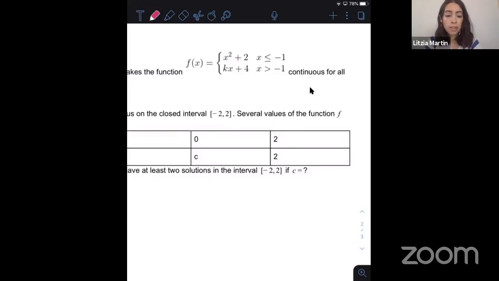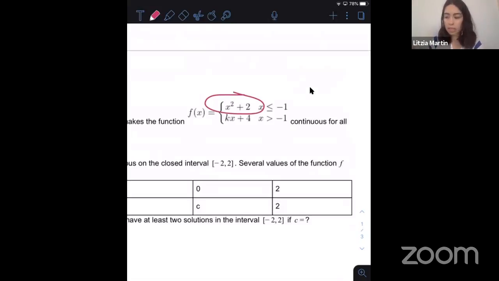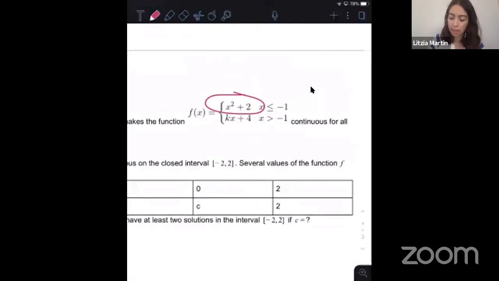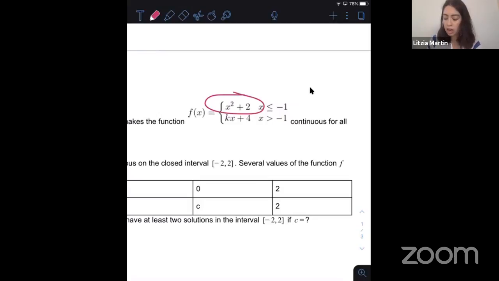So we've got a piecewise function, and we know that one piece is x squared plus 2, so that's something like this. But when x is less than or equal to negative 1, it's more something like that, ending at negative 1. And then we don't know exactly what the other function is.